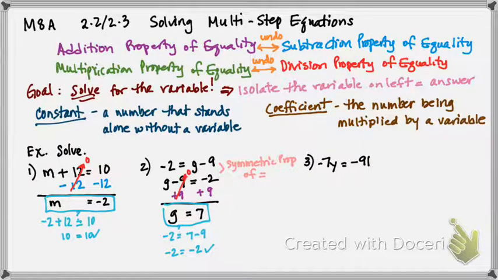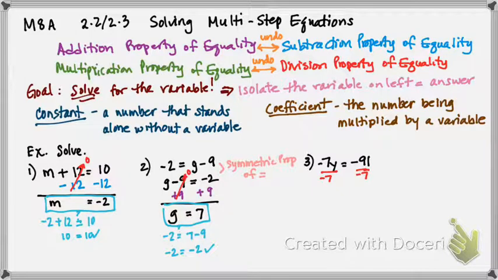When you have a variable butted up to a variable, it means to multiply. They don't have to show you the multiplication symbol. So, to undo multiplication, I would use division. So I'm going to divide both sides by negative 7.